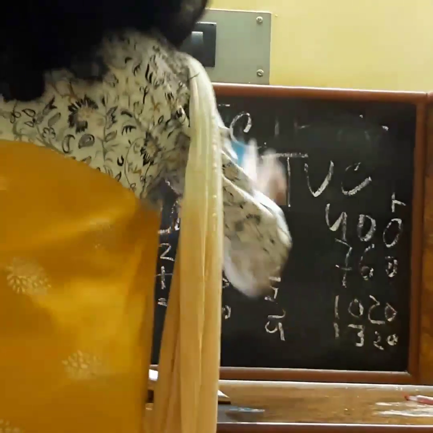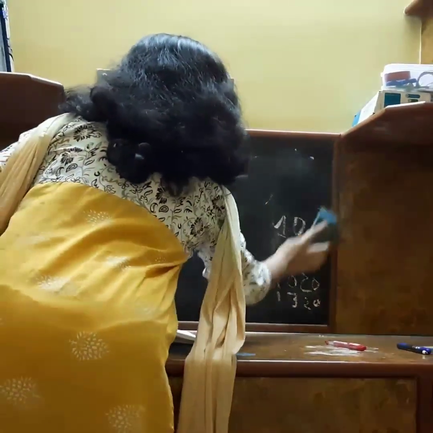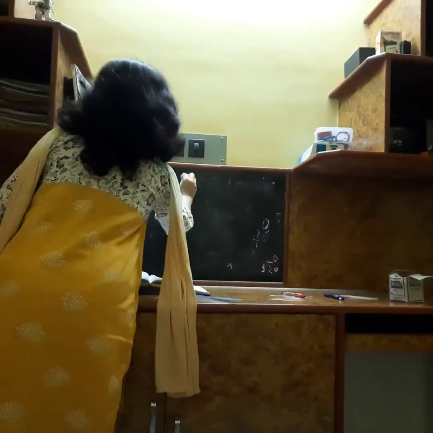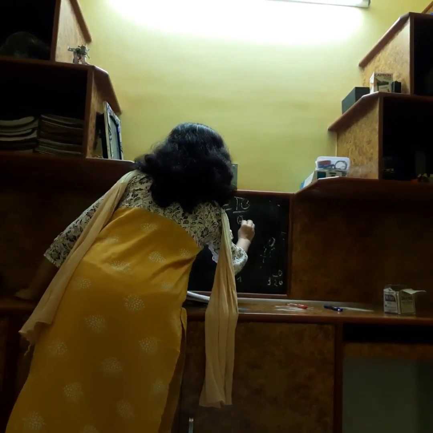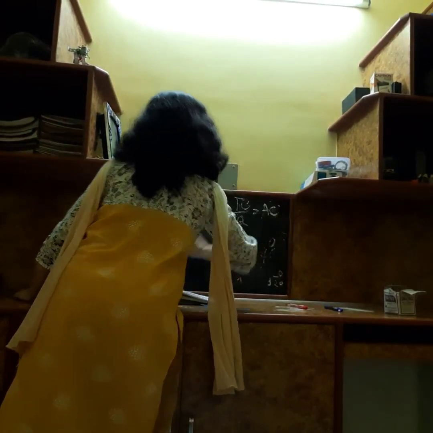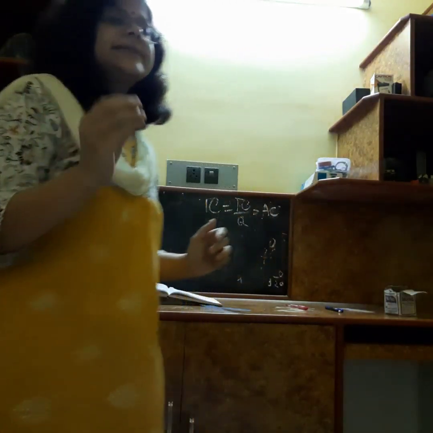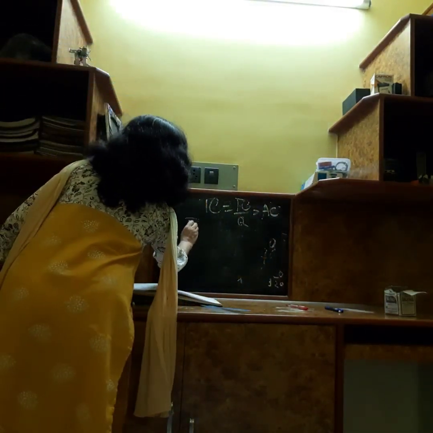Okay. Now I will start with the concept of average cost. Look at the board. TC is total cost. If TC is divided by Q, then we will get AC. Next, TFC.